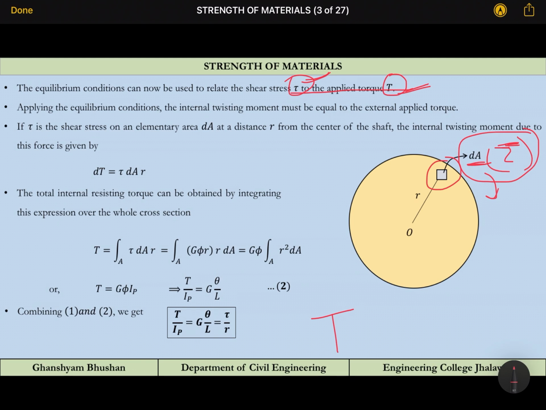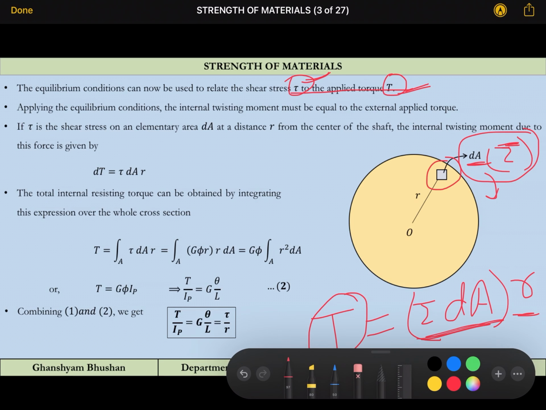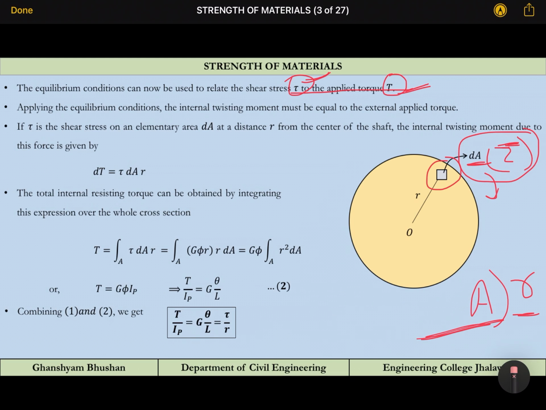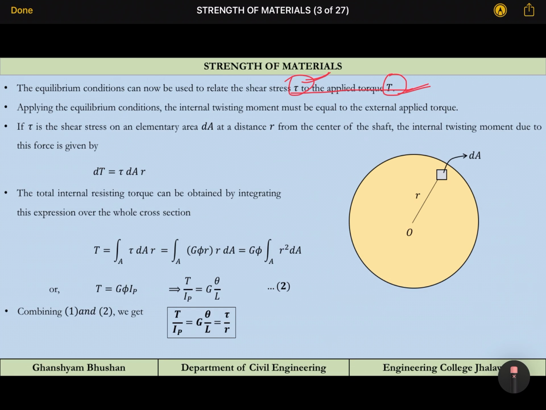So the external torque will be resisted by the torque developed by the internal resistance. This is the force and this is the distance. In this manner we can see how the equilibrium condition helps us derive the equation relating tau and T.